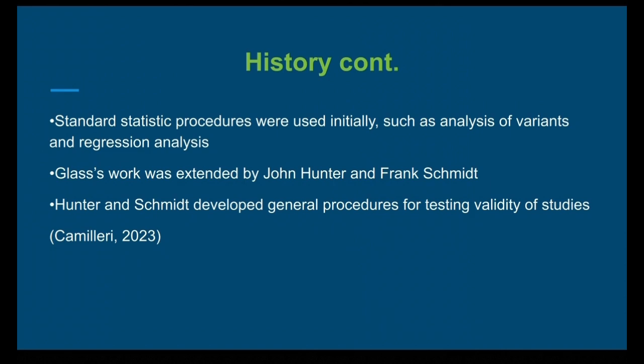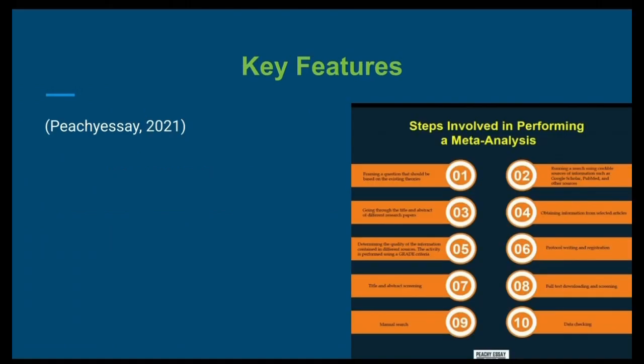When initially coining the term, Glass used standard statistic procedures such as analysis of variance and regression analysis. His work was further expanded in the 80s by Hunter and Schmidt, who worked on ways to test the validity of results. Up next, I will be covering the key features of meta-analysis.